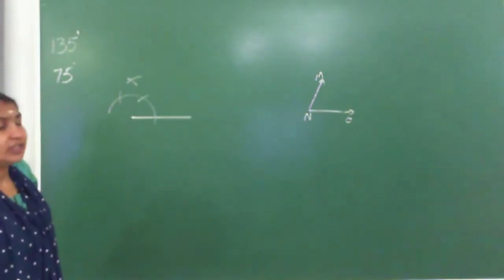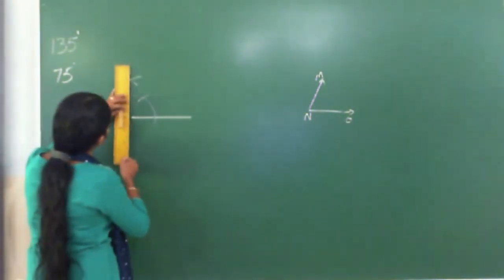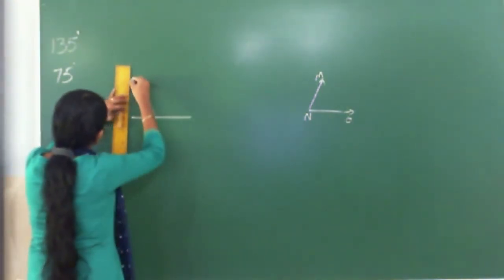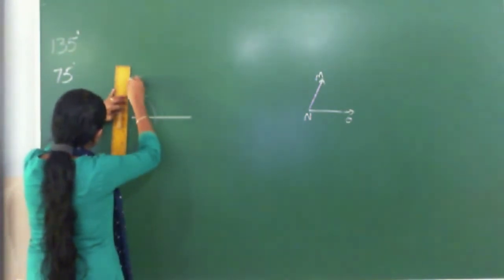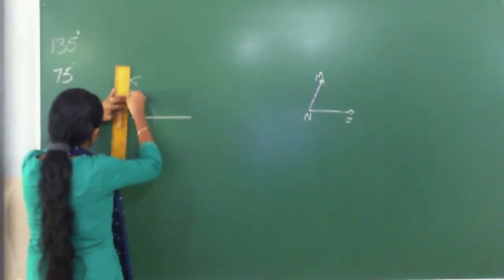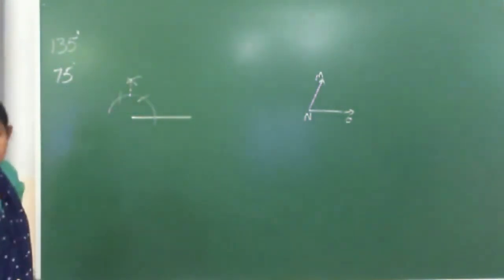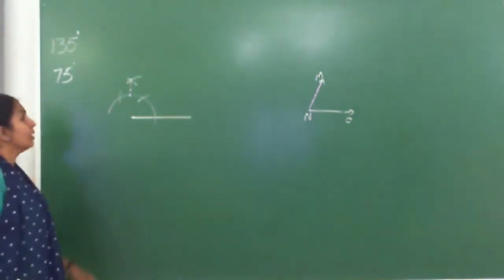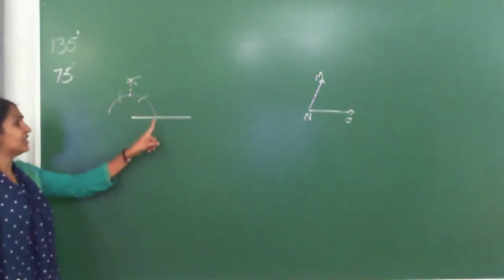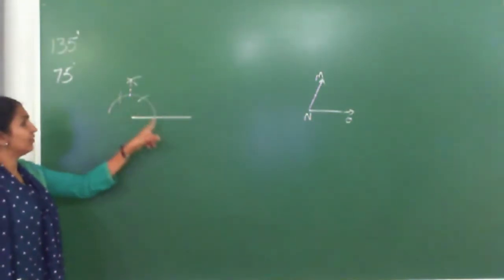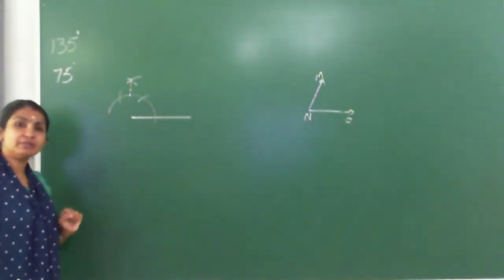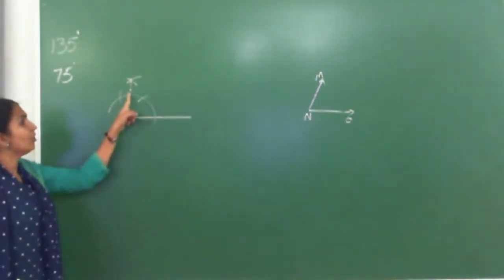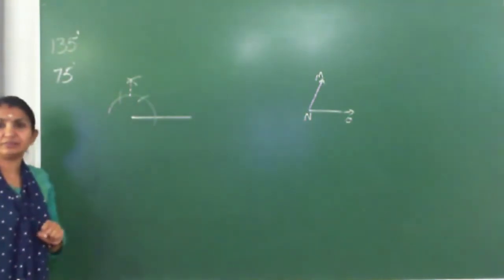Now join with the dotted lines. Now we can bisect this 90 and 0, then we will get 45 degrees. Do we want that 45, or do we want to bisect this 90 and 60?